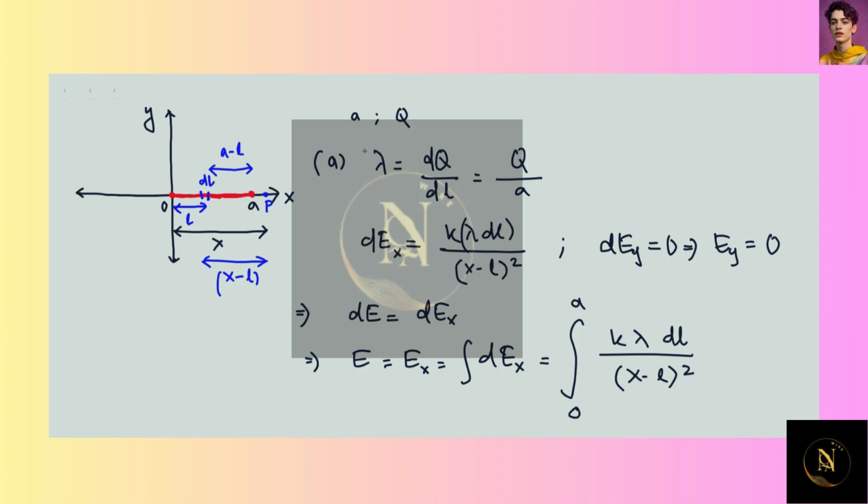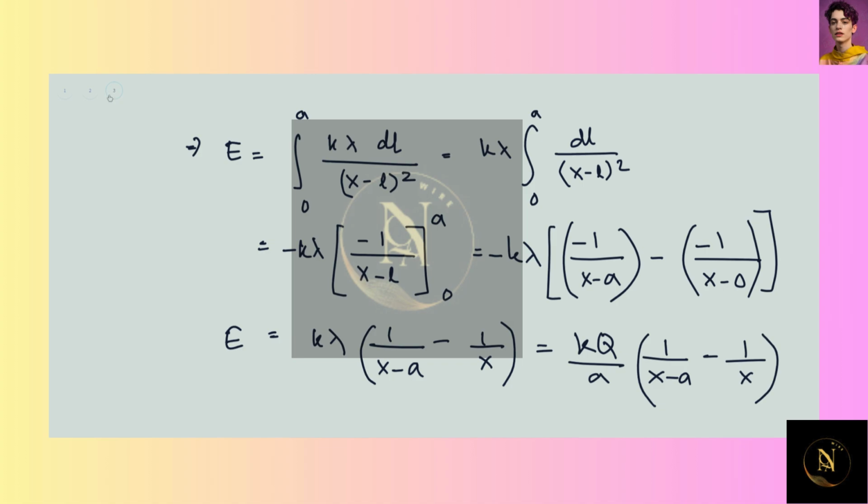Also, since the charge on the rod is positive, the electric field at point P will be away from that charge. This means dEx has a direction towards the positive x-axis, and therefore the total electric field will also point in the positive x-axis. So the direction is i cap.